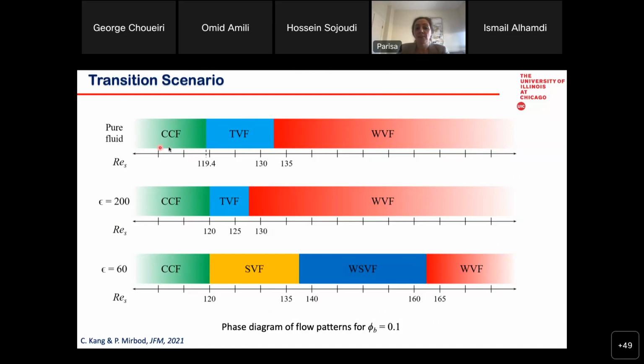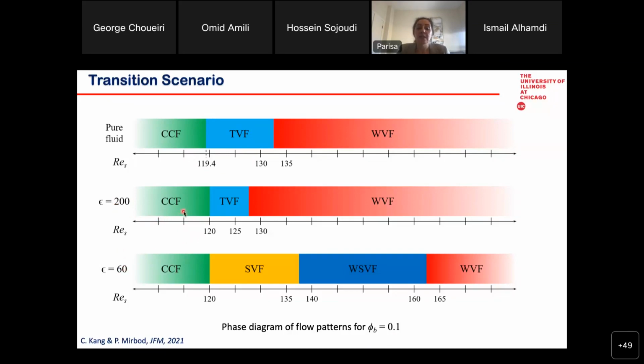First, simple shear or circular Couette flow occurs, followed by Taylor wavy flow and Taylor vortex flow and wavy vortex flow. Then we also discussed the critical Reynolds number, which is around 120 here. By adding the particles, and here again the concentration is only 10%, but we have different size ratios of the particles.